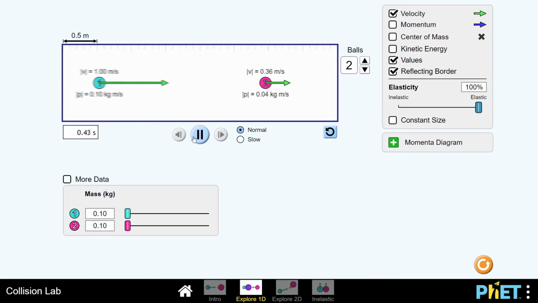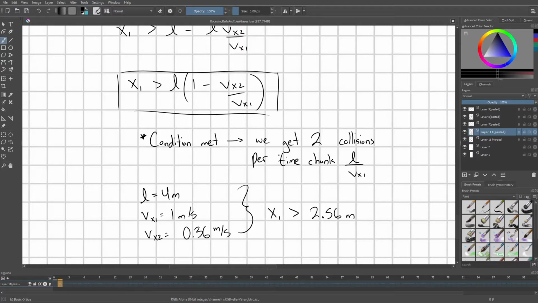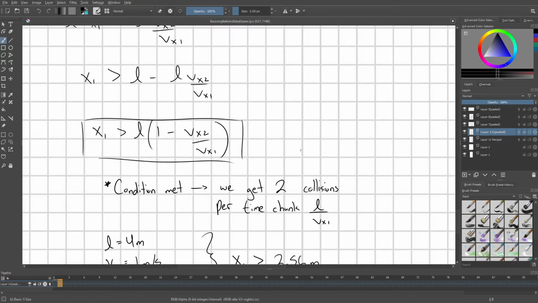Let's play it. We get a collision with the right wall, and then an immediate second collision following that. So we get 2 collisions over the course of our time chunk of 3.64 seconds. Now we've confirmed what this condition really means.